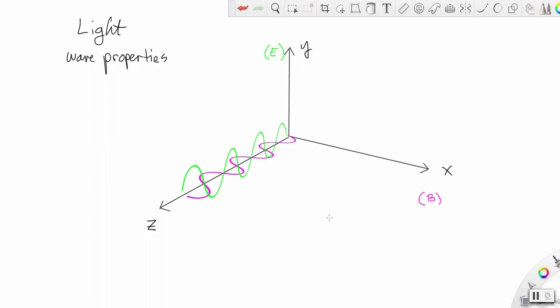Essentially, it's a little bit hard to see, but as I showed before, as the electric field rises in the positive direction along which that field is directed, then a lateral magnetic field forms to the side.